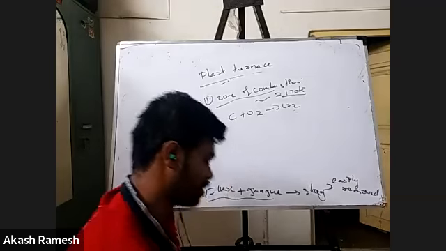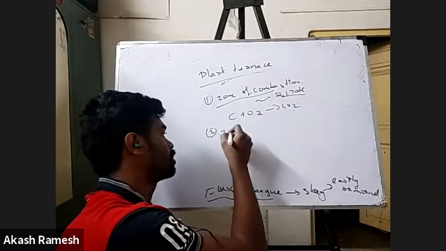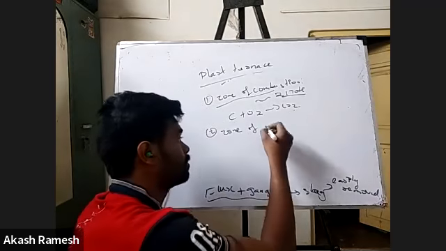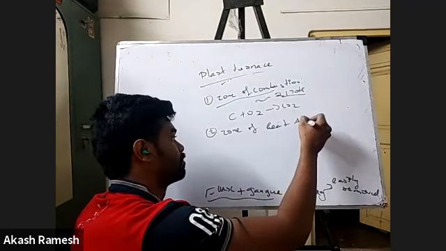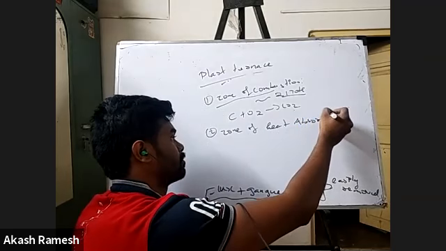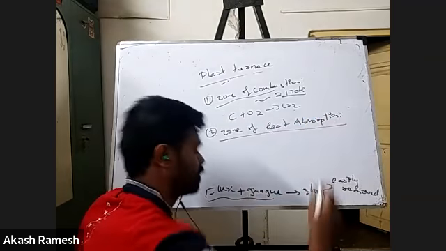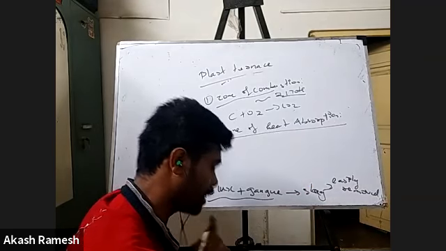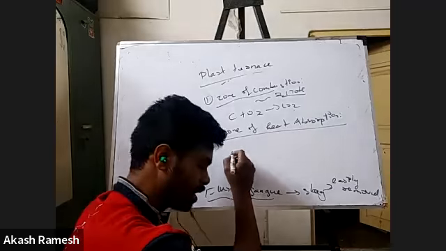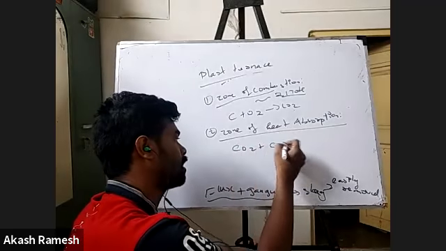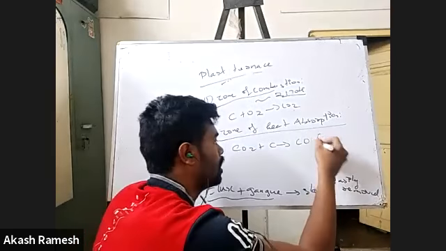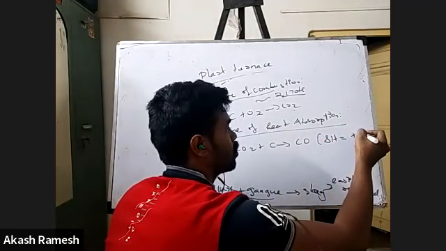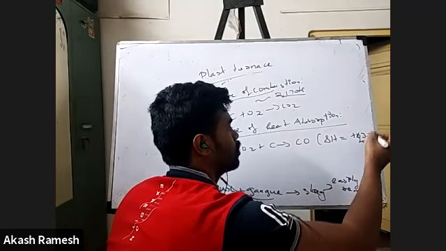Now the second zone is what is called the zone of heat absorption. In this zone you see the reaction CO2 plus carbon forms CO. The enthalpy of this reaction is plus 163.2 kilojoules.